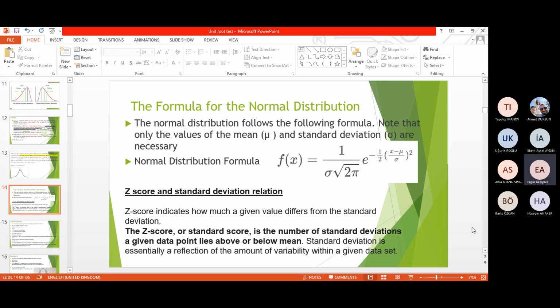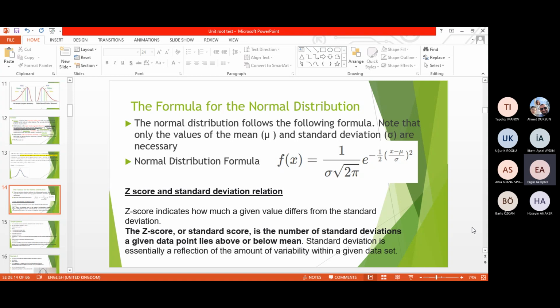The normal distribution formula is given as f(x) equals 1 over sigma root 2 pi, times e to the power of minus 1 over 2, times x minus mu divided by sigma, squared.